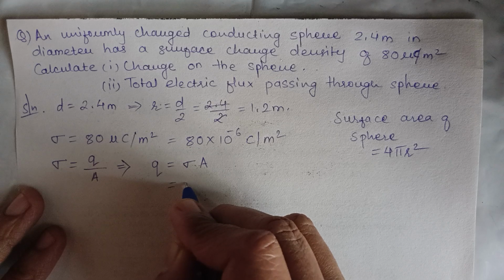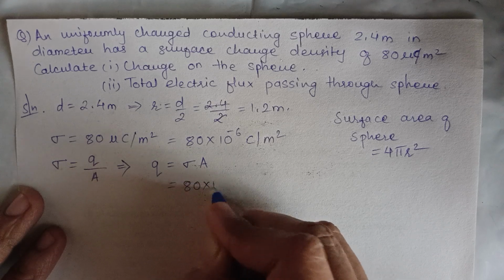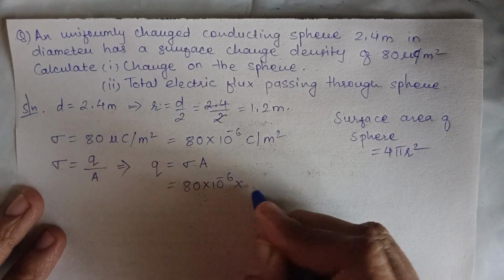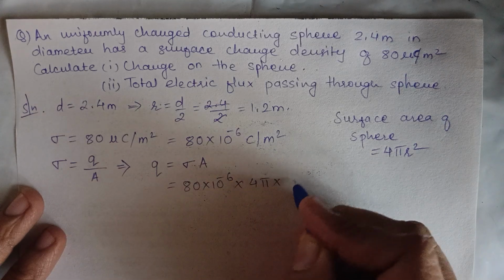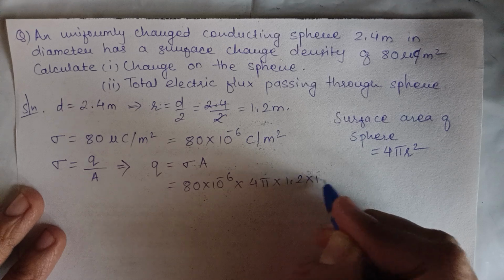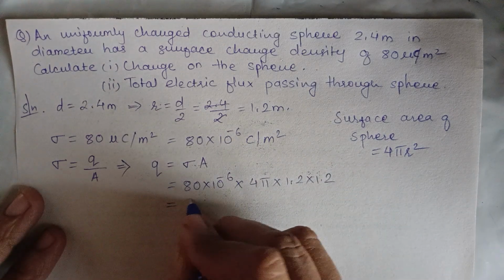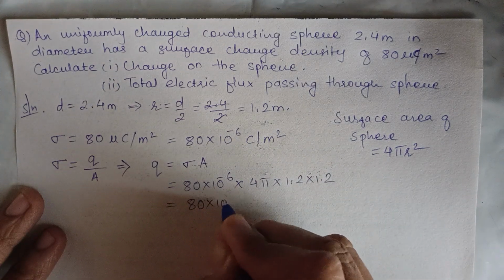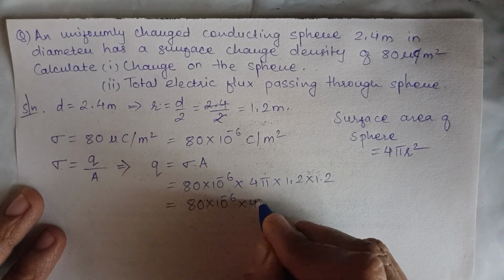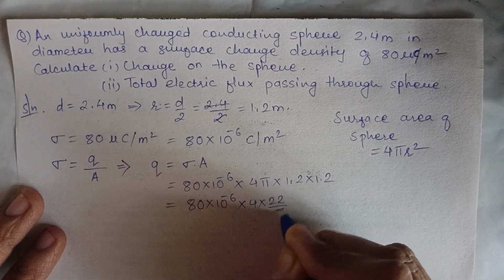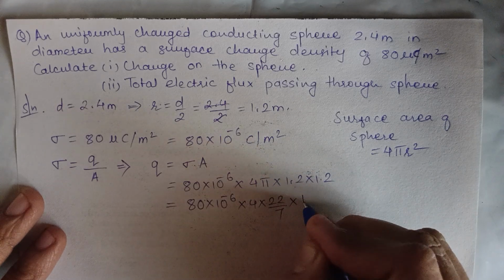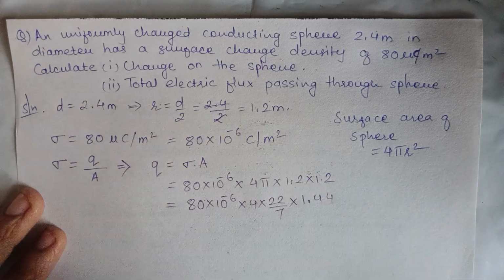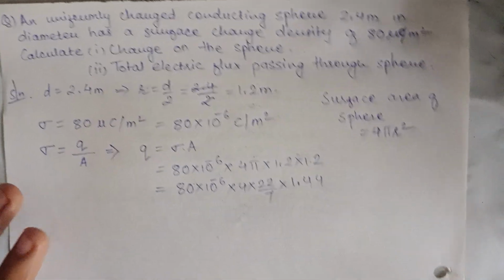So sigma is 80 into 10 raised to minus 6. Area is 4 pi r square, 1.2 into 1.2. So 80 into 10 raised to minus 6 into 4 into 22 by 7. This will be 12 square, which is 144, so 1.44.